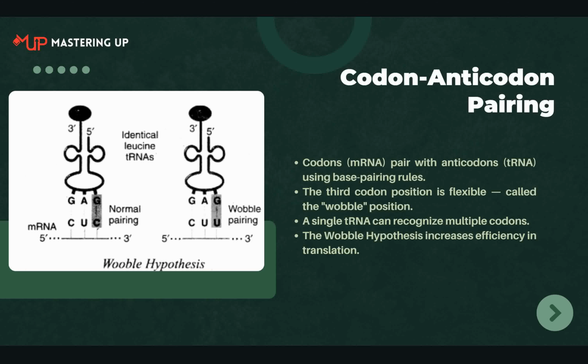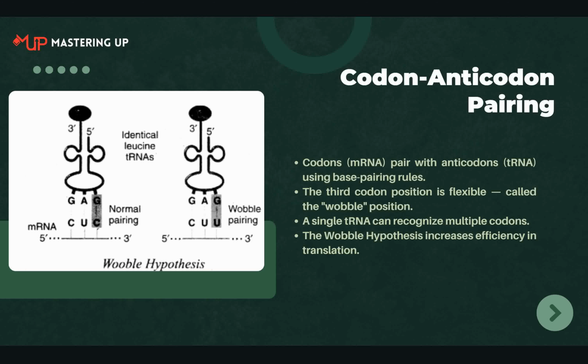This flexibility is essential because it lets cells use fewer tRNA types while still reading all the 61 codons that specify amino acids. The wobble ensures efficiency and speed in protein synthesis without compromising accuracy. So this is the wobble hypothesis.